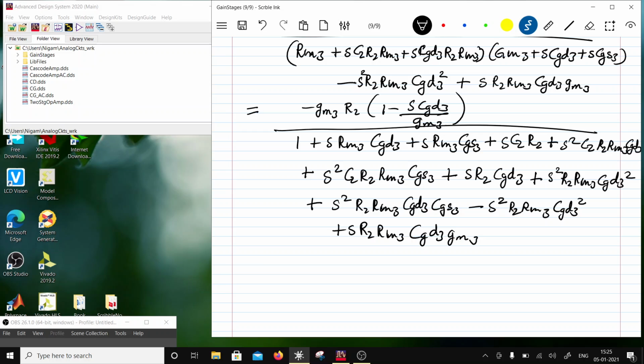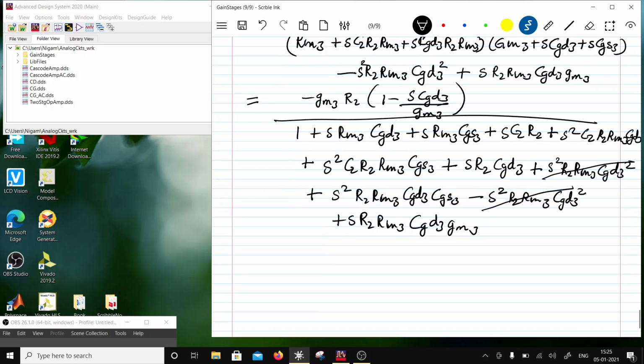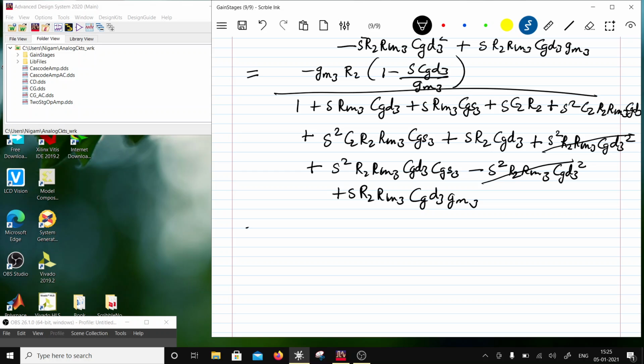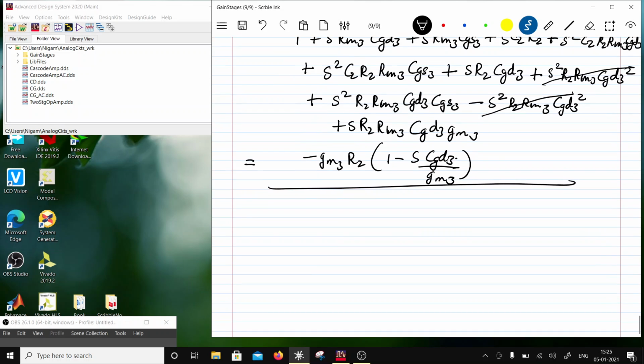So S square CGD3 square, S square R2 Rn3 CGD3 square, this term cancels with that. So let me just collect the terms. So if I collect the terms, Cgd3 by Gm3 divided by 1 would be common, and then let's collect the terms of S.